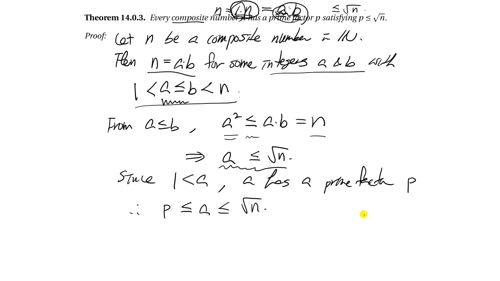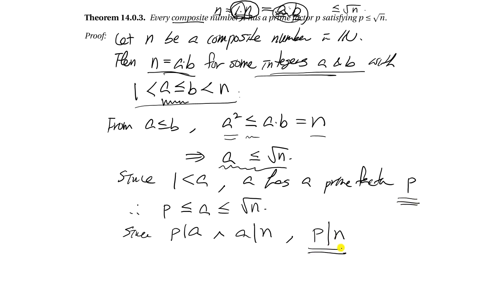So we had p is a factor of a, divisor of a, and we already have a itself is a divisor of n, right? So because of this, p should be a divisor of n itself. So we just showed that there is a prime number which is a divisor of n, and that is less than or equal to the square root of it. So this is the end of the proof for the entire statement.